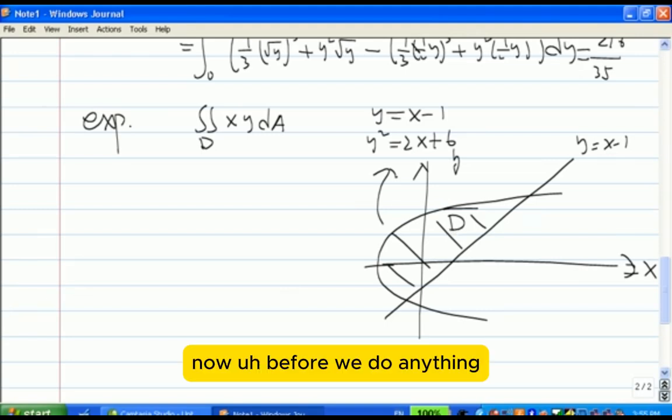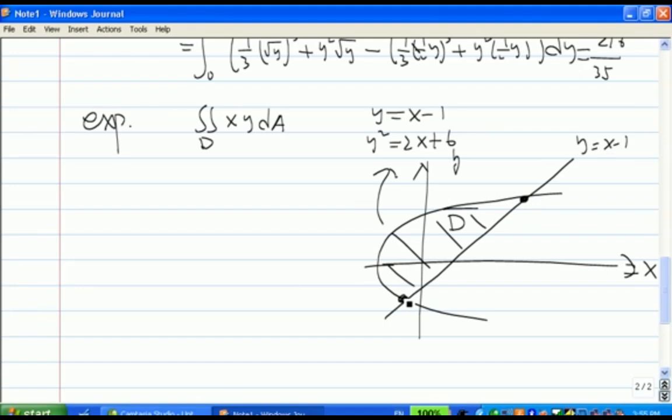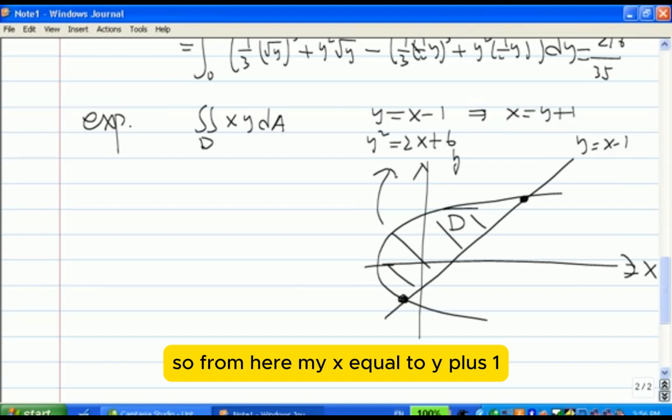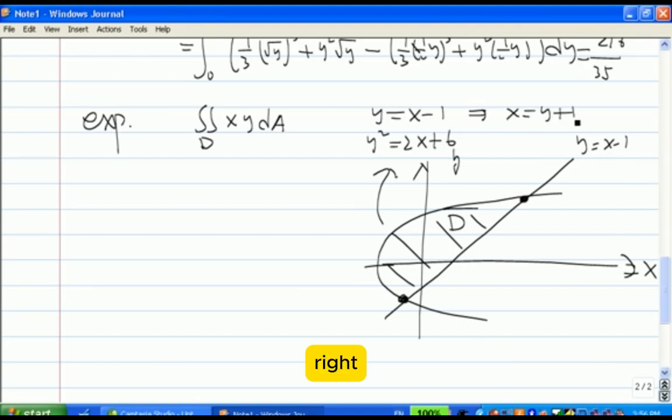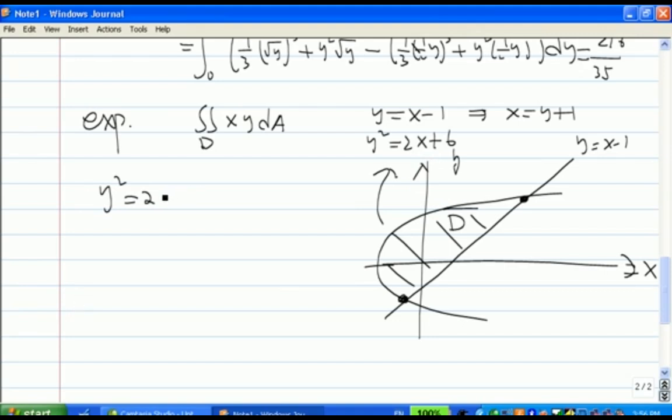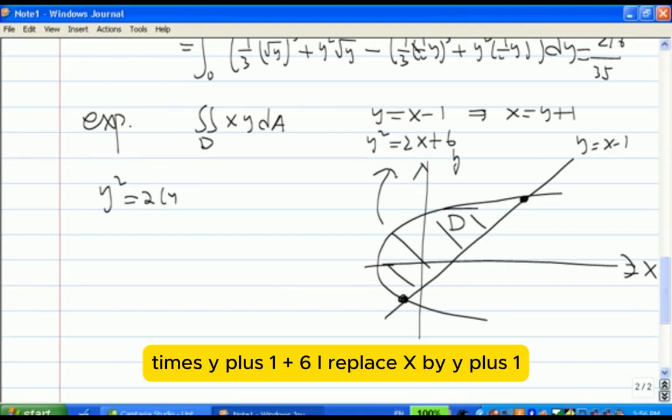Now, before we do anything, we have to find these intersections to describe this region. How do we find the intersections? Let's solve for x. From here, x equals y plus 1, right? So I put it back here: y squared equals 2 times (y plus 1) plus 6.